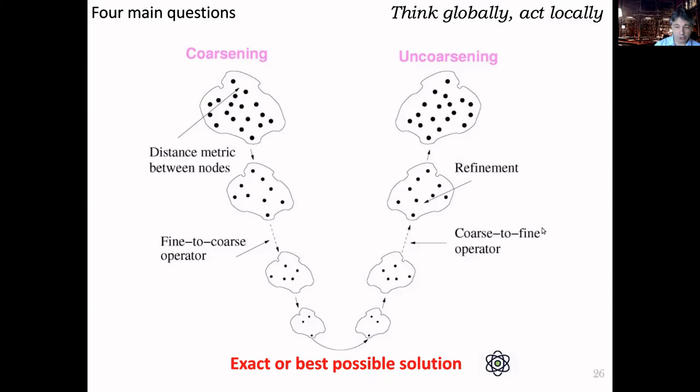The coarse to fine operator, the decompression operator, is also inherited from the algebraic multigrid and other multi-level strategies. The refinement operator, in which we'll split the problem into sub-problems and locally refine them, locally improve them, would also be quantum.